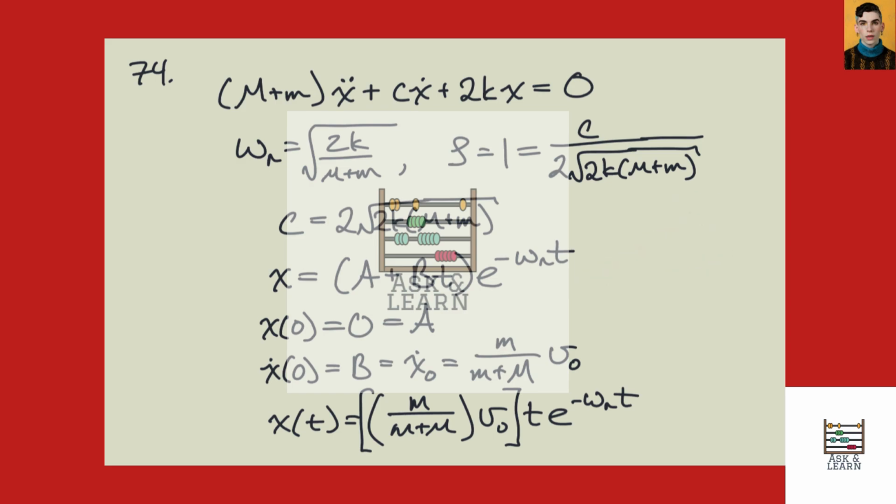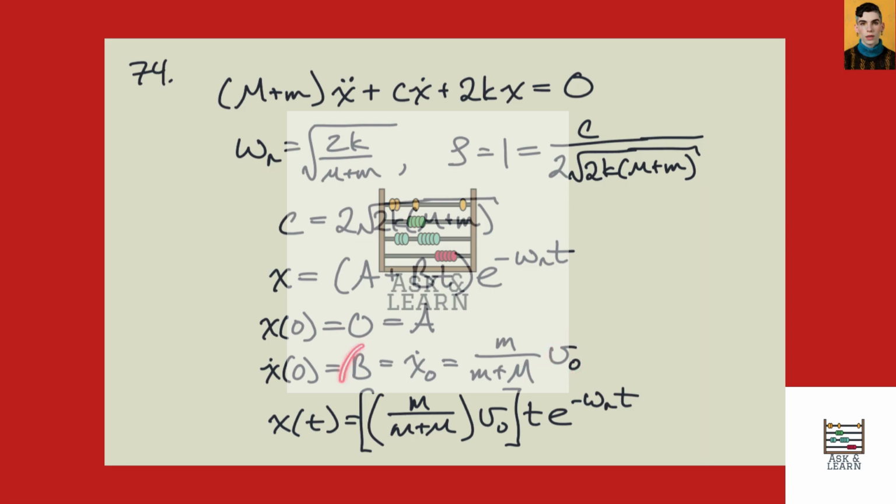So we know the bullet hits this thing. The initial displacement is 0, and the initial velocity we can get from conservation of momentum. Initial displacement being 0 says that A is 0, and the initial velocity is the mass of the bullet divided by the total mass of the system, the bullet and the block, times the velocity of the incoming bullet.